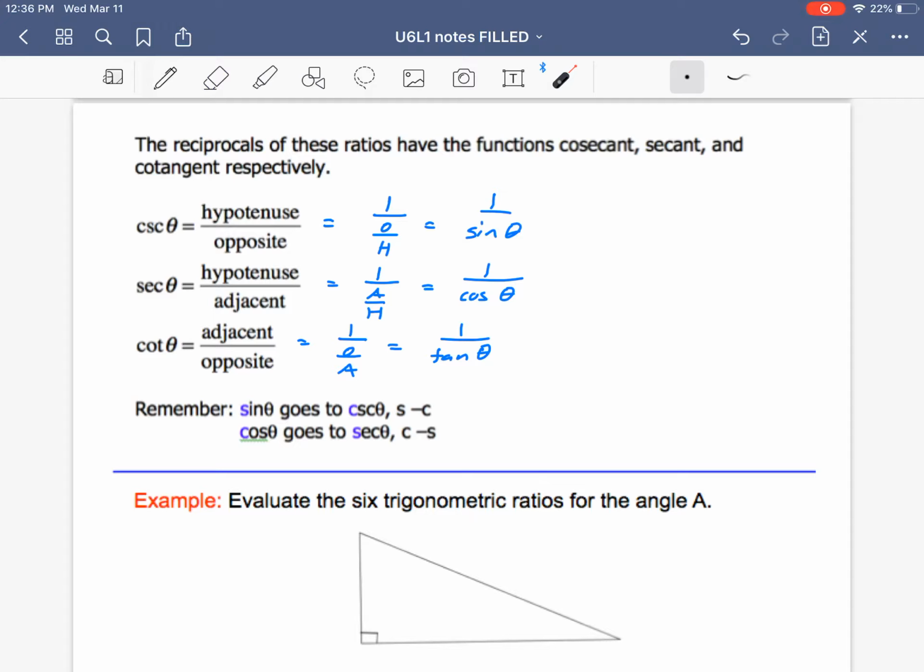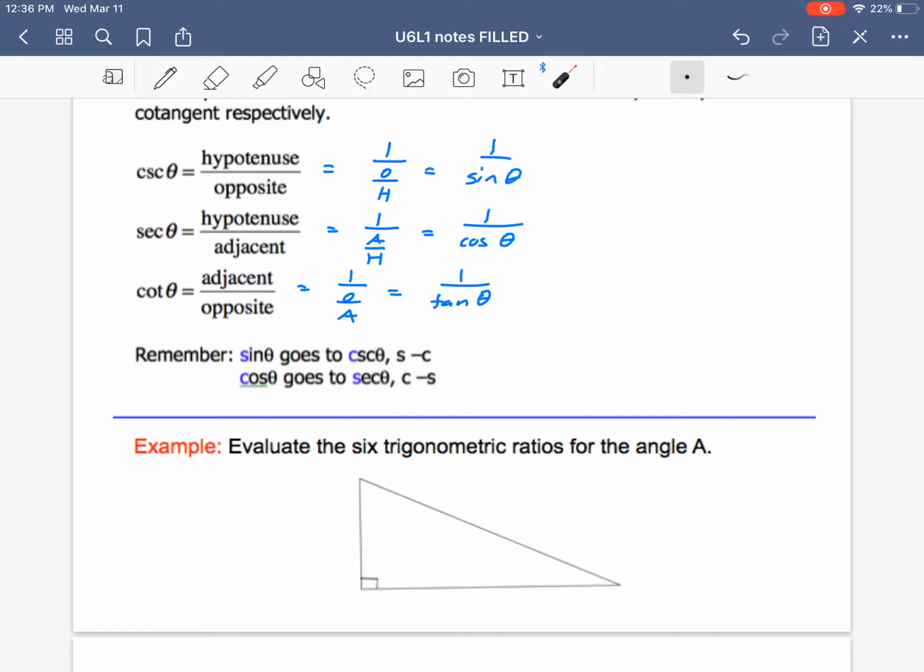All right. This example says evaluate the trig ratios for the angle A. Well, this is kind of a tough problem because first of all, we don't know what angle A is. So let's put an angle A in here.